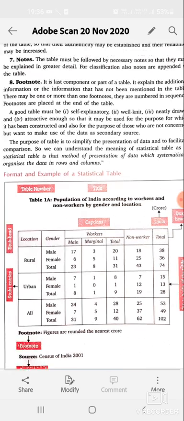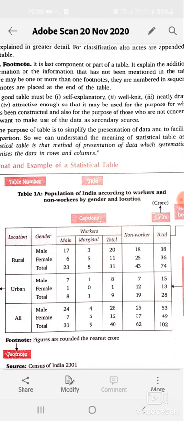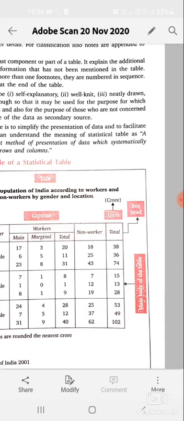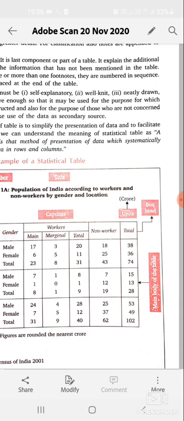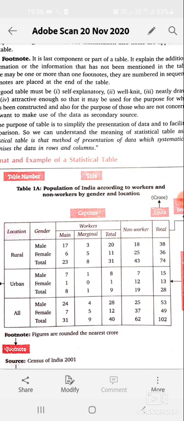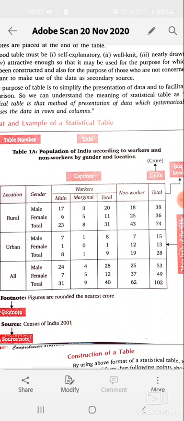After the caption, all this is the main body, from location to the last one, all the table is called the main body. Then sources of data, also called source note. The source is written, Census of India 2001, at the bottom.